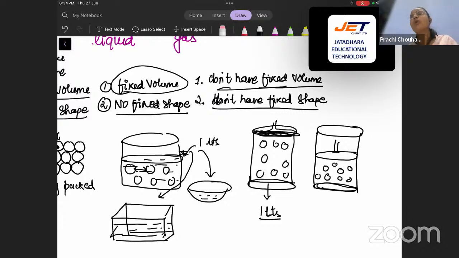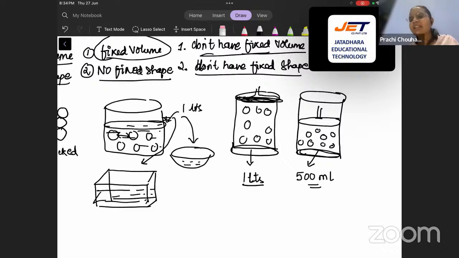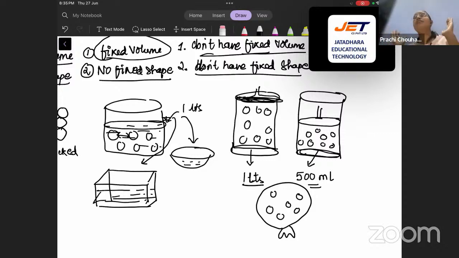Suppose I have pressed it and made it half. So now the volume that it occupies will maybe be 500 ml. So depending upon what space I am keeping the gas in, it will occupy that much volume. Suppose I transfer this gas to a balloon, then what will happen? It will occupy all the space that it will have inside this balloon. So the volume is not fixed for the gases.